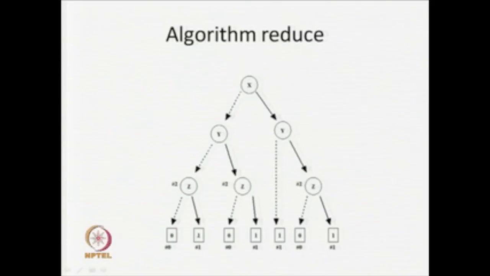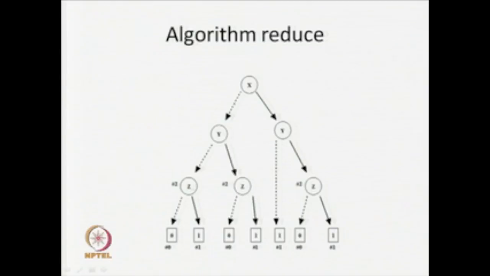Since these two are defined, it is going to get a new label. Now, when we come to this node, these two are defined, so it should get a new label, but we already have a z node. So, we compare these two nodes: the low of this z is the same as the low of this one, and the high of this z is the high of this one.